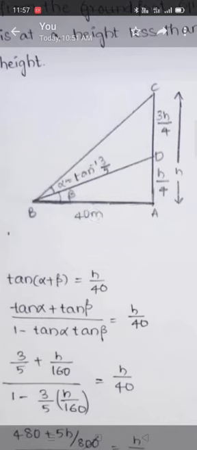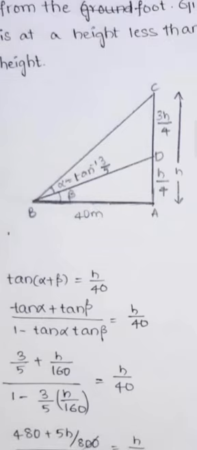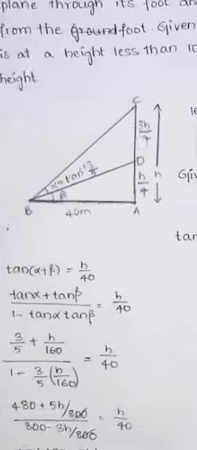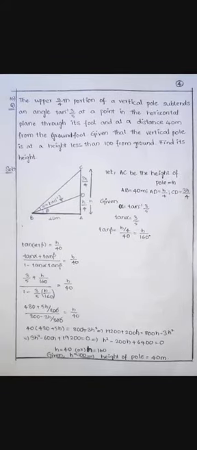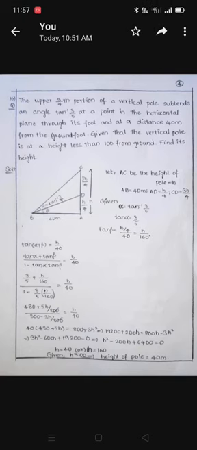AB bar value is 40. So tan beta is equal to h by 4 by 40, that means h by 160. So tan beta is equal to h by 160, got from the triangle ABD, right angle triangle.